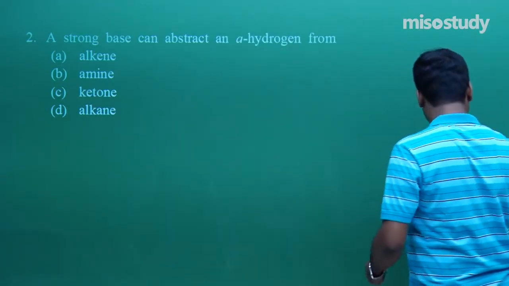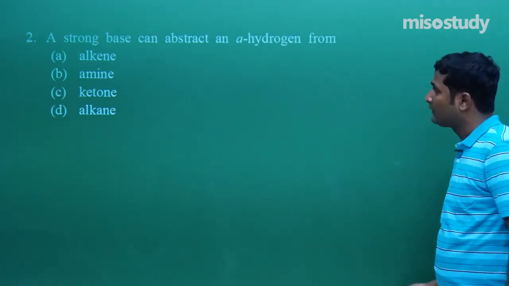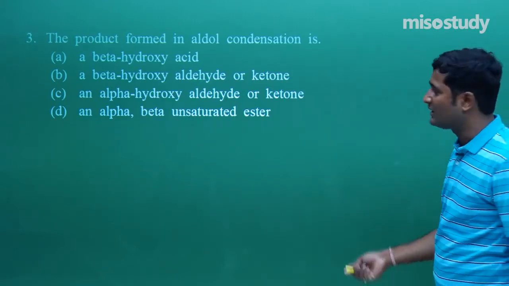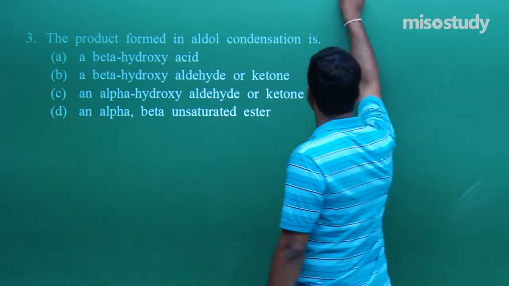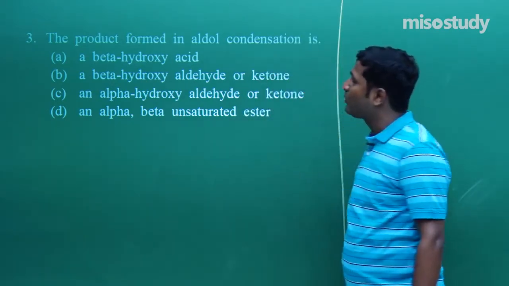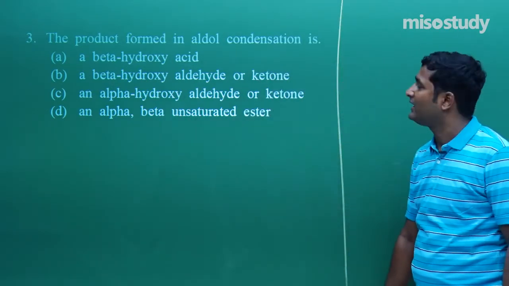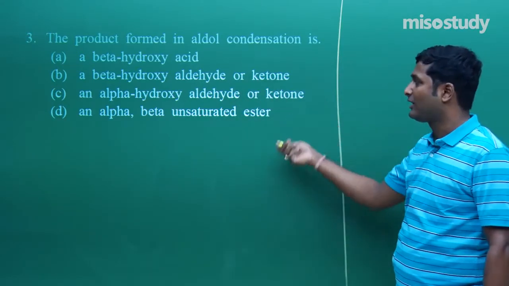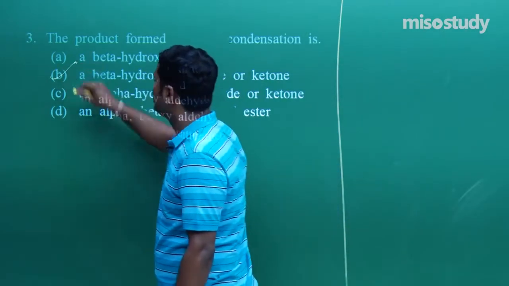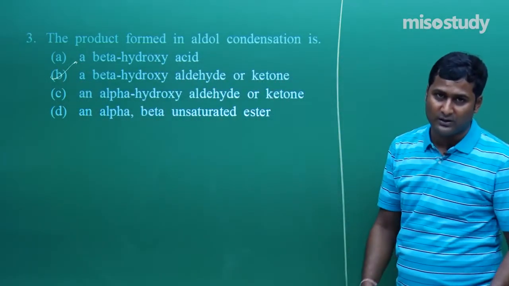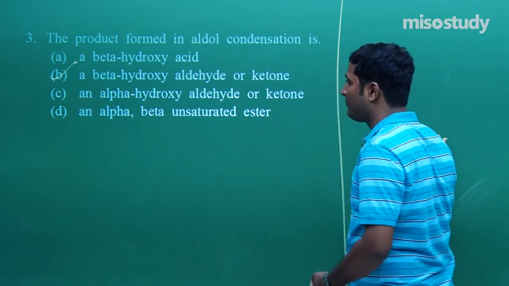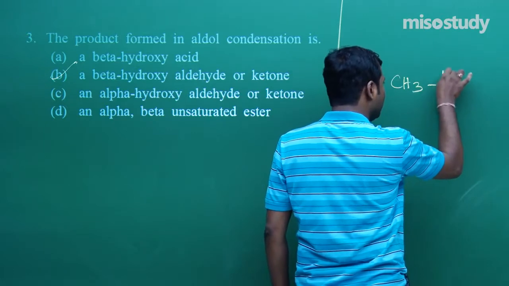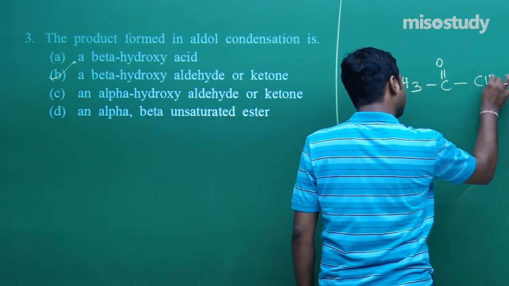Now question number 3. The product formed in aldol condensation. As I told you in my previous example, the product formed in aldol condensation is a beta hydroxyaldehyde or ketone. It is simple. So for question number 3, B is the correct option. Clear? I have given the example in my previous lecture. Again you can write CH3 CO CH3.